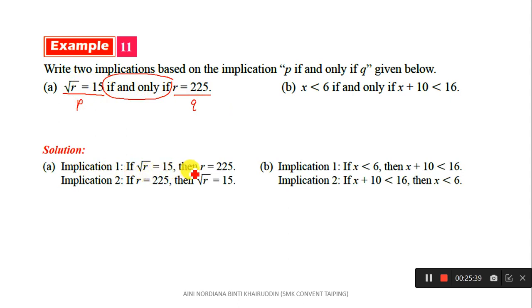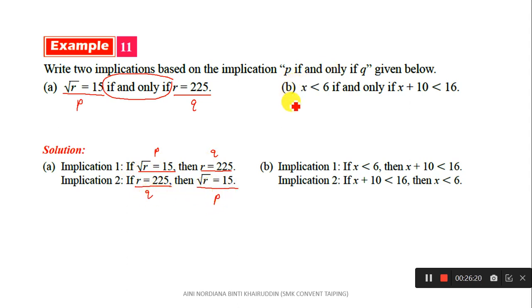If P, comma, then Q. For the second implication, if Q, then P. You just identify the P and Q. To identify these two, just look at the words if and only if. Before if and only if, this is P. After if and only if, this is Q. So you just change the position. For the first implication, if P, then Q. For the second implication, if Q, then P.